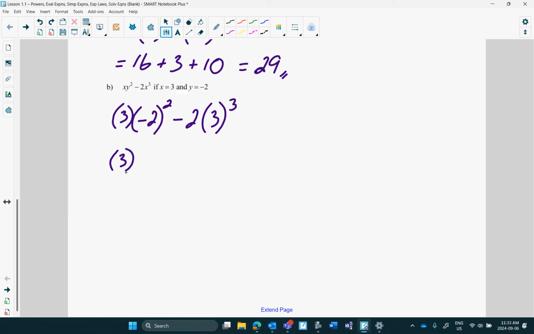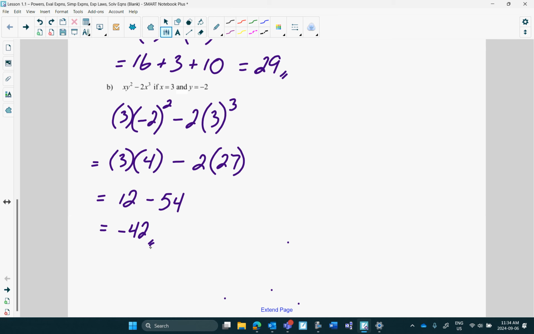What is -2 in parentheses squared? +4. Minus, because the minus is going to get done last, 2 times whatever 3 to the third is. 27. Exponents are gone. Multiplication is next. This becomes 12 minus 54. And 12 subtract 54 is going to give us -42, and that's the final answer.